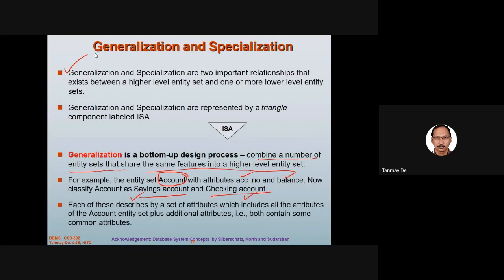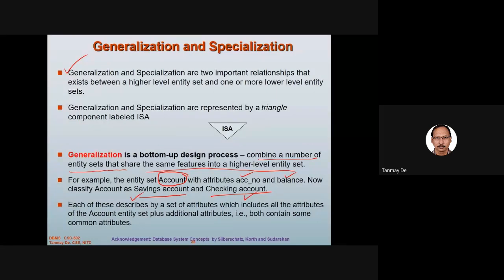Generalization and specialization are used synonymously. One is the bottom-up approach, that is generalization, where we combine a number of lower level entity sets that share the features of the higher level entity set.